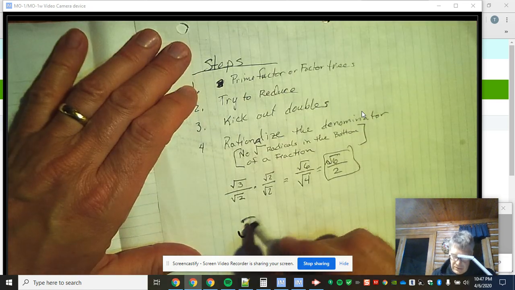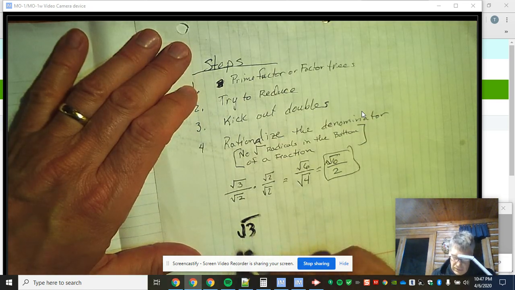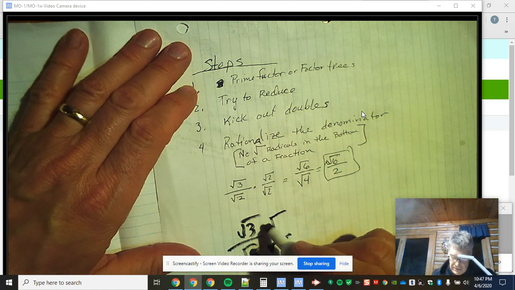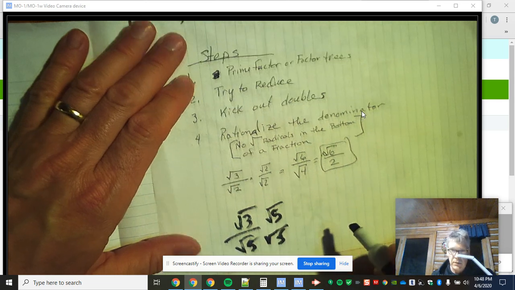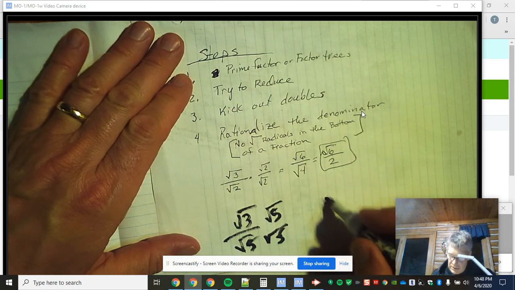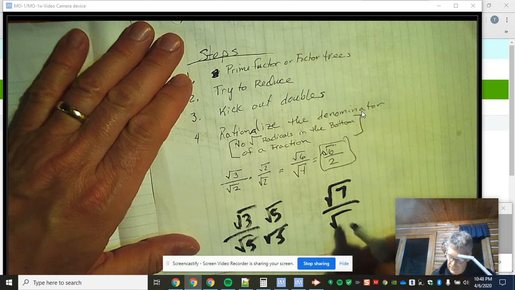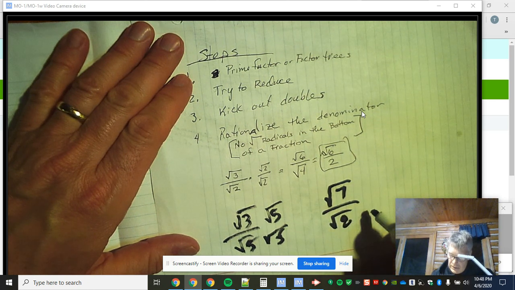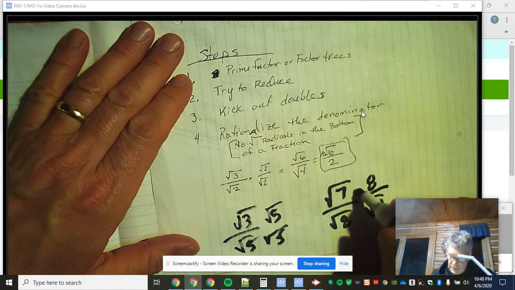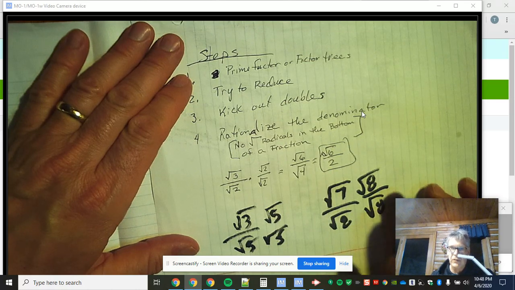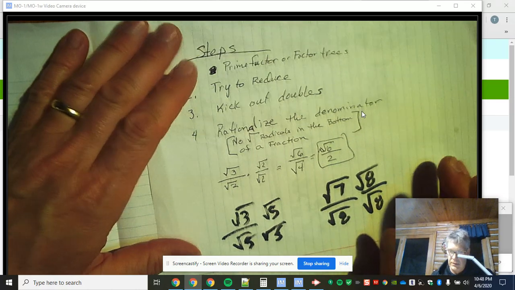If this would have been the square root of 3 over the square root of 5, I'd multiply top and bottom by the square root of 5. Or if it would have been the square root of 7 over the square root of 8, I would multiply top and bottom by the square root of 8. That's called rationalizing the denominator.